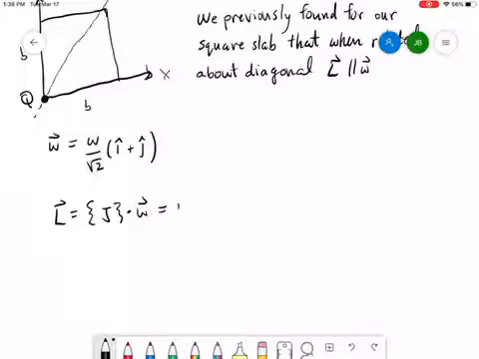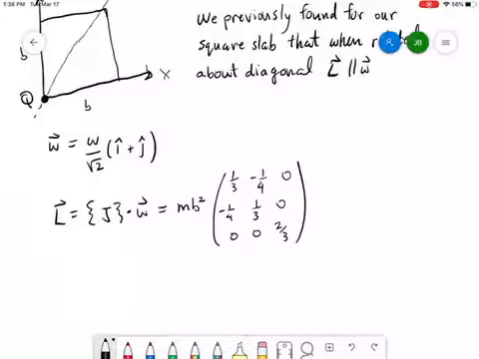So we're going to get mb squared, and we'll have 1/3, -1/4, 0, -1/4, 1/3, 0, 0, 0, and then 2/3. And then our omega vector is going to be omega over root 2, and then we're going to get 1, 1, 0.